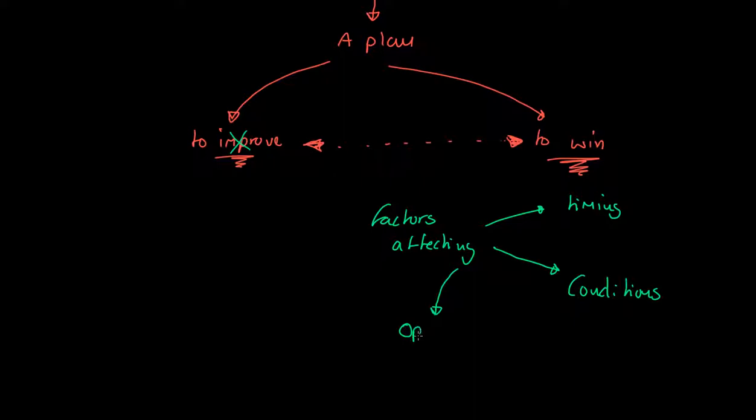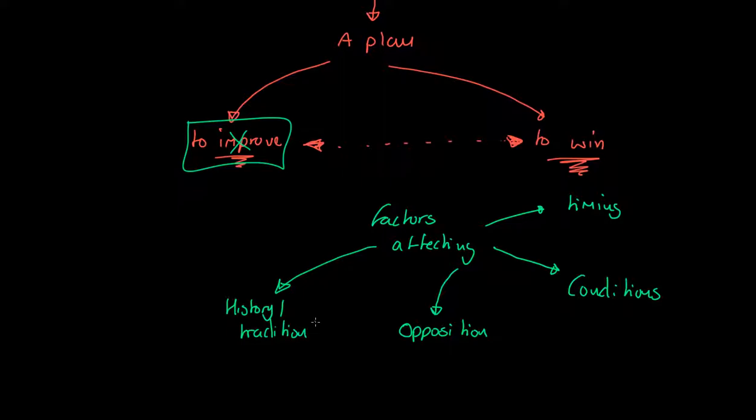It also depends on who the opposition is and the quality of the opposition, the familiarity of the opposition. With an opposition who you are confident you are performing well against at a high level, you may focus simply on improvement, for example. It also depends on history and tradition. What we mean by that is that if the sport is developed in a context where winning is the only thing of value, then of course that's where the focus is going to go.